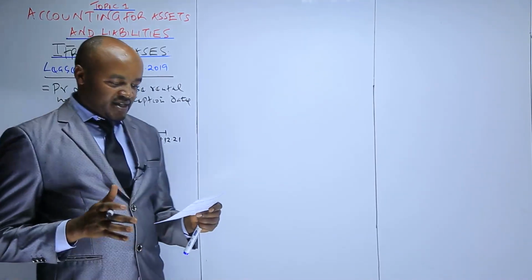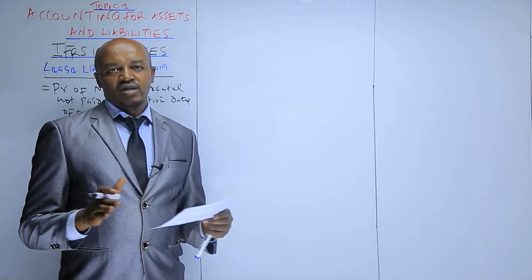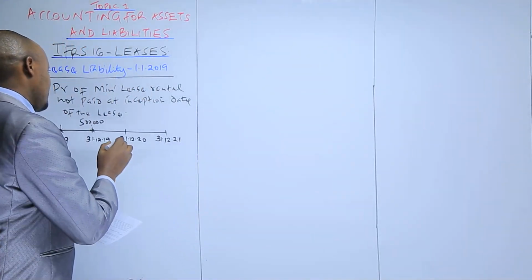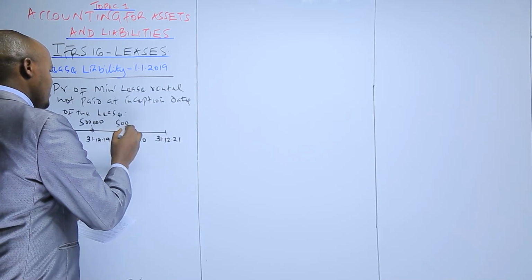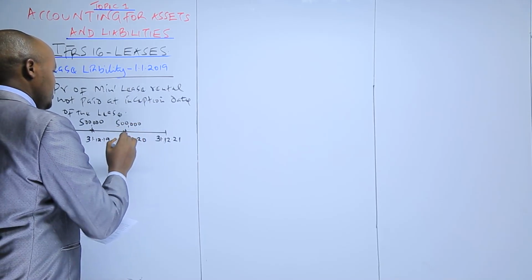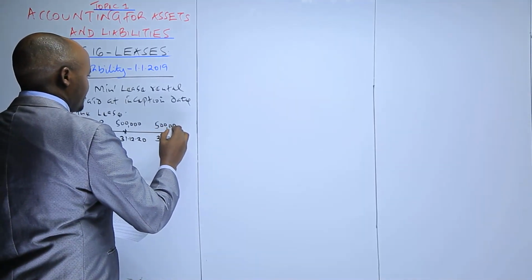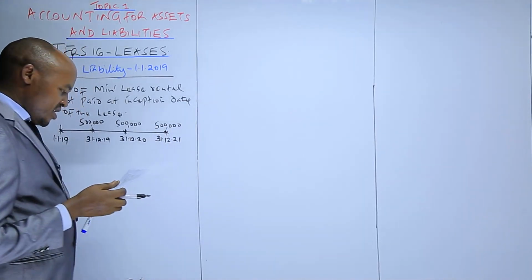What that means is that the minimum lease rentals are payable at the end of each year. It means the other rent will be paid at the end of year 2, and the other one will be paid at the end of year 3.